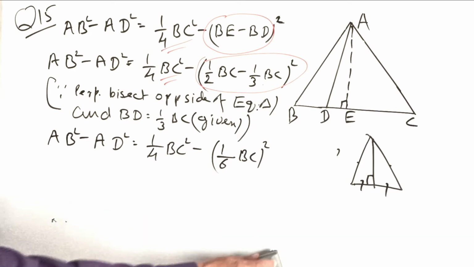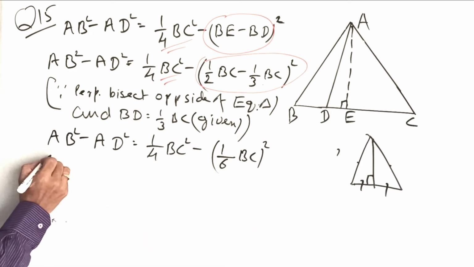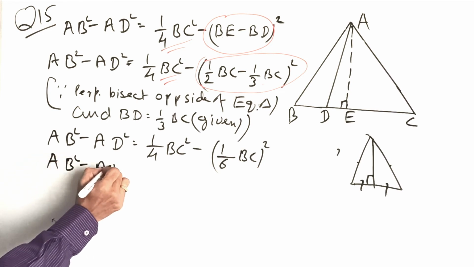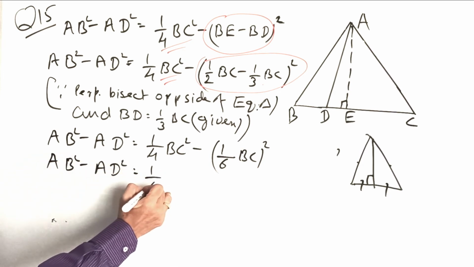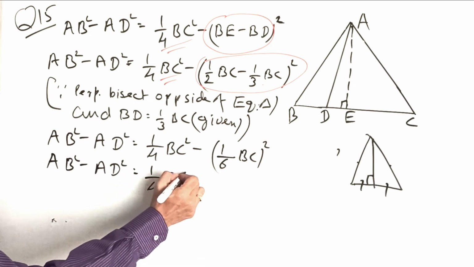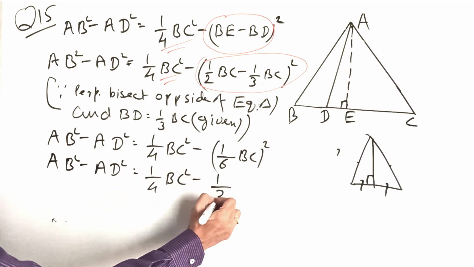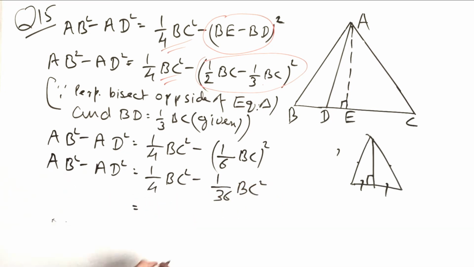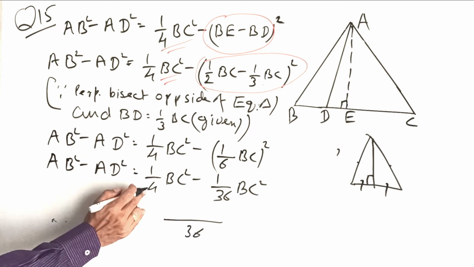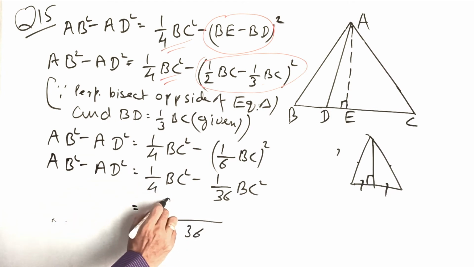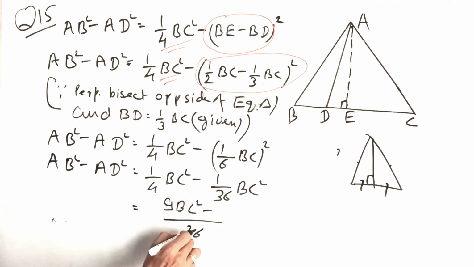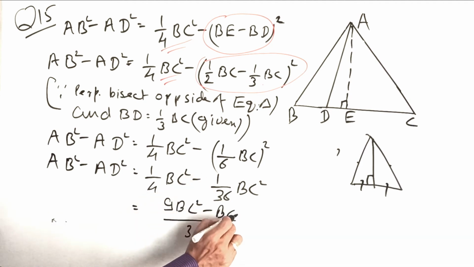Now we will make the whole square, but let us write this LHS. AB square minus AD square is equal to 1/4 of BC square minus 1/36 BC square. Now what is the LCM of this? 36. So 4 nines are 36, so 9 BC square, 36 divided by 1, so 1 BC square.